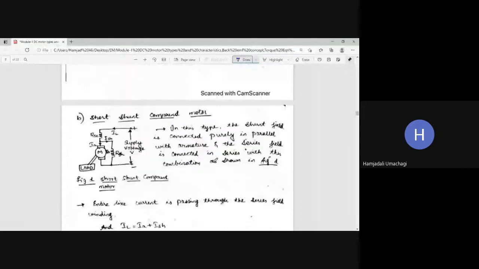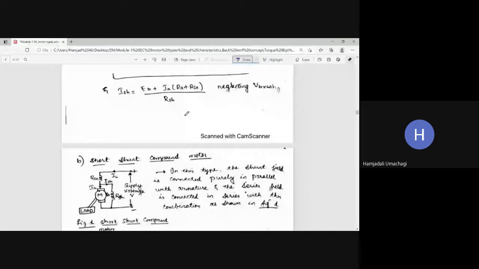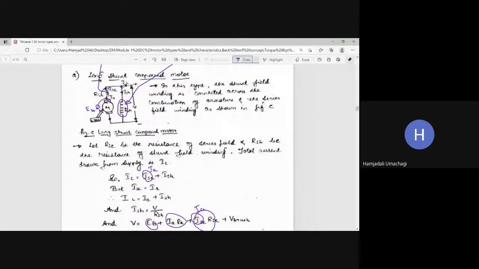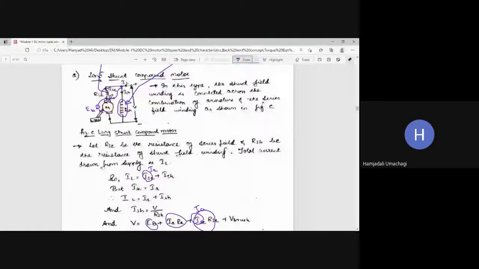Then let us see the short shunt compound motor. Short shunt DC compound motor means what? You are going to bypass this entire connection, you are going to exclude it. This entire connection directly you are going to connect to only the armature. So now this part of the shunt field winding will be made to bypass, and the remaining half of the series field winding is excluded.